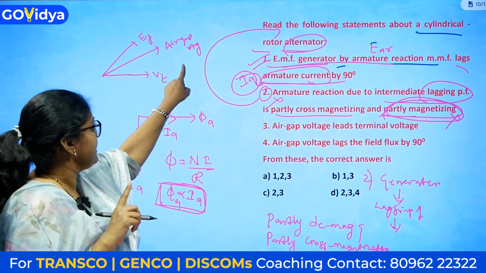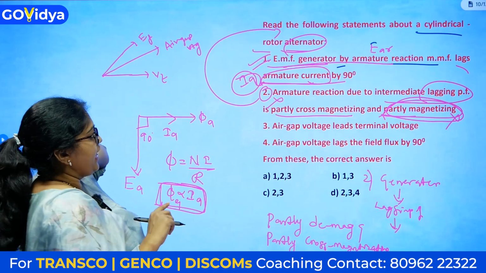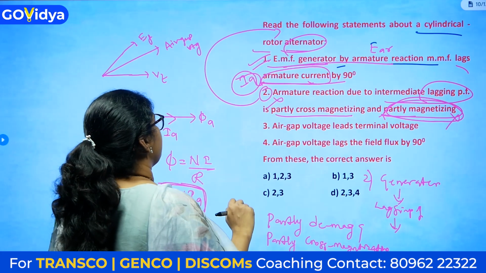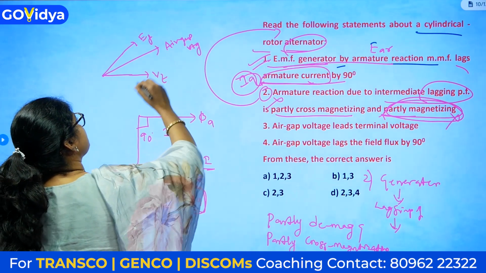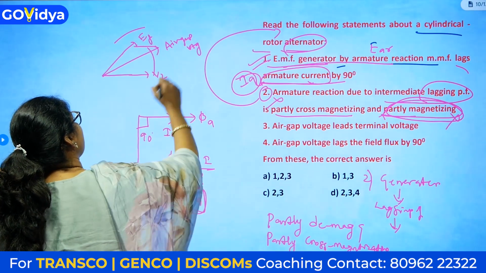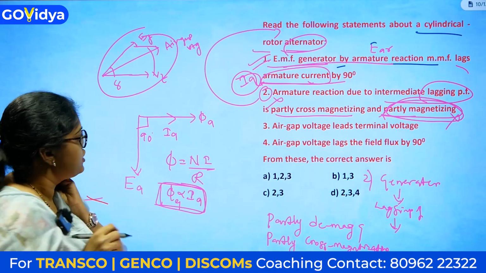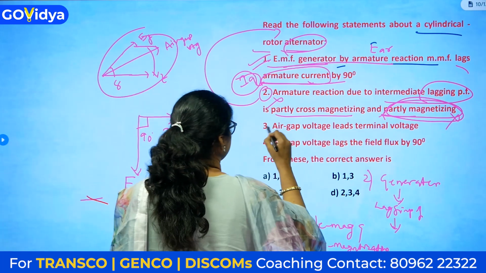In the question, air gap voltage leads the terminal voltage. Yes, it is correct. It leads the terminal voltage by some angle delta. Clear? So option 3 is correct.